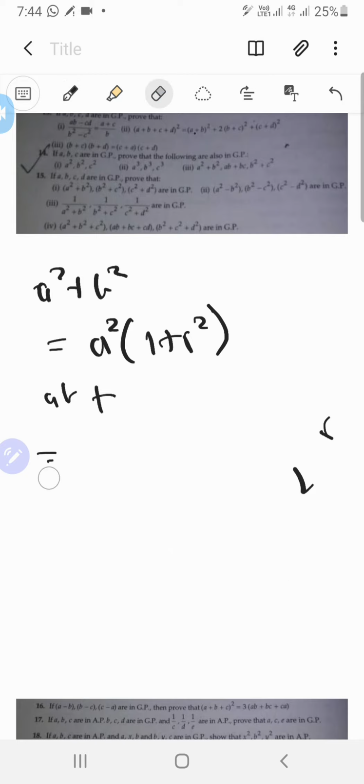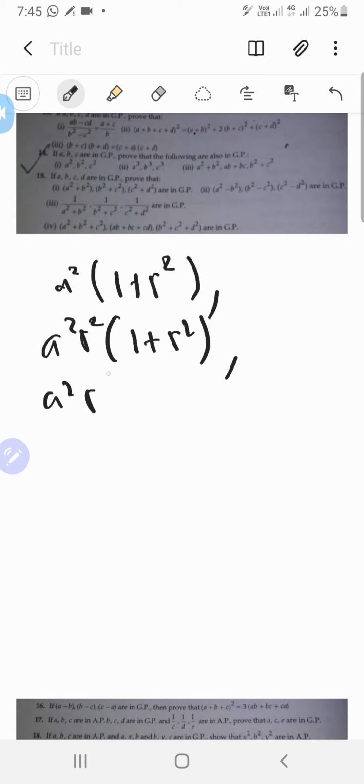Let's go to the next question, which is if a, b, c, d are in gp, prove that a squared plus b squared, b squared plus c squared and c squared plus d squared are also in gp. So it's almost the same as the previous one. Okay, so a squared plus b squared is going to be a squared into 1 plus r squared.